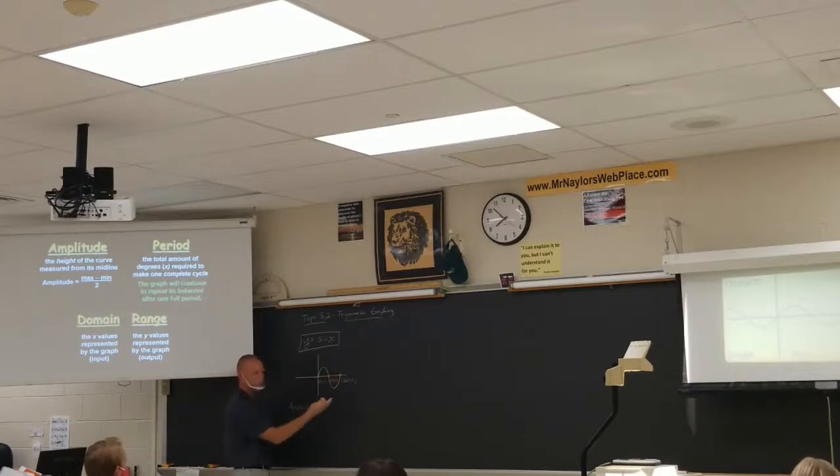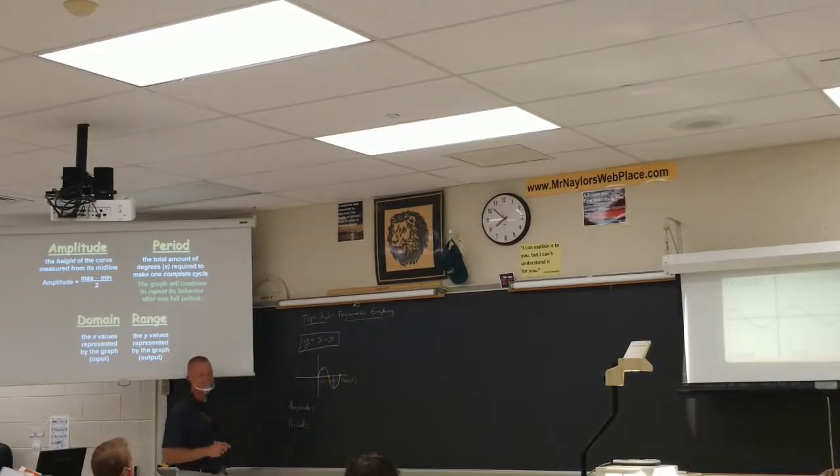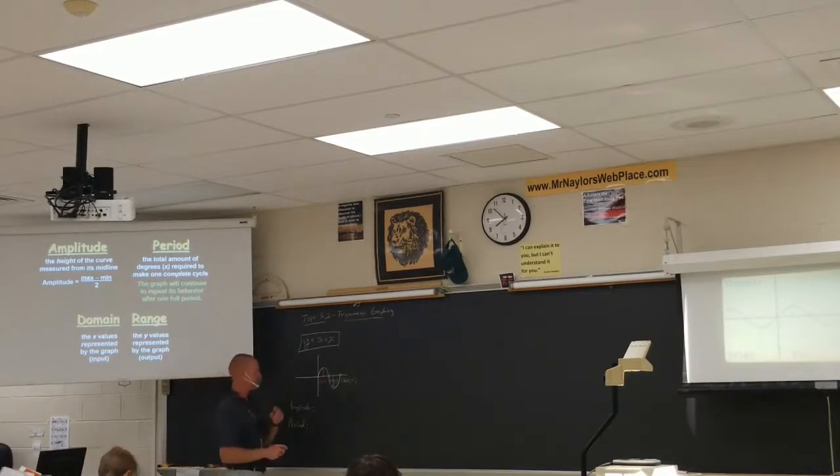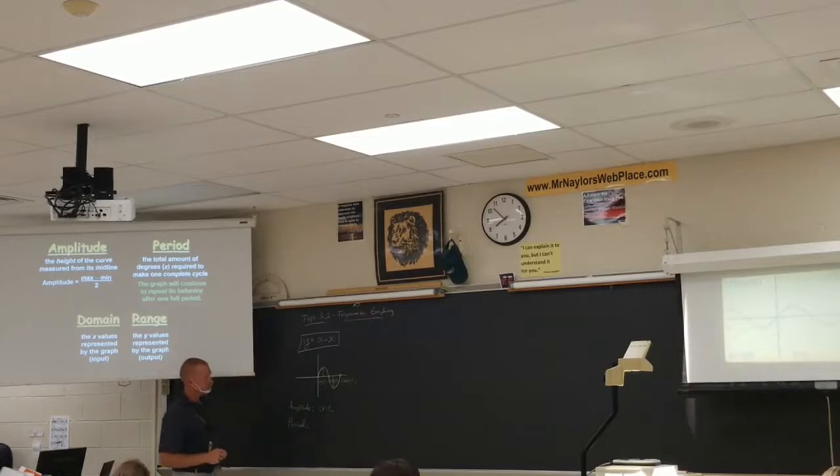If you look at the distance from the midline up to a maximum or a minimum, you can see that that distance, denoted by those yellow arrows, is 1. That's why the amplitude is 1. I'll just spell it out to emphasize a little more. But again, it's that distance.